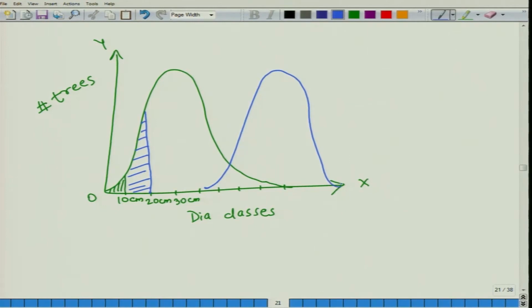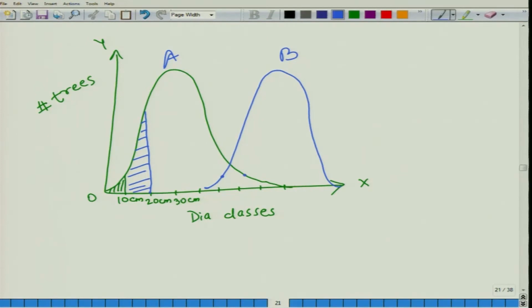If I asked which of these has trees of a greater diameter class, we can intuitively say, let us call them A and B, that because trees in distribution A are on the left side, whereas trees in distribution B are on the right side, probably distribution B has trees of a greater diameter class.